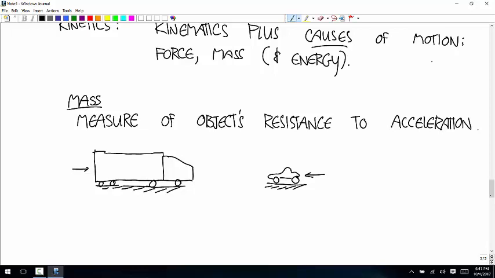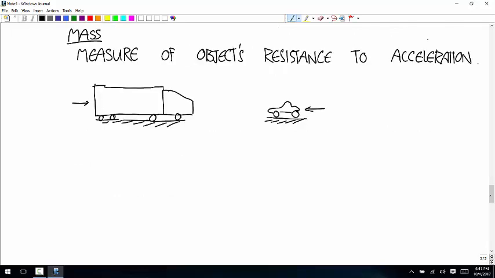The 150-pound person, their velocity is going to change really quickly, and that acceleration is going to be big. Any questions about that? So one thing to notice about mass is mass is always a positive number.